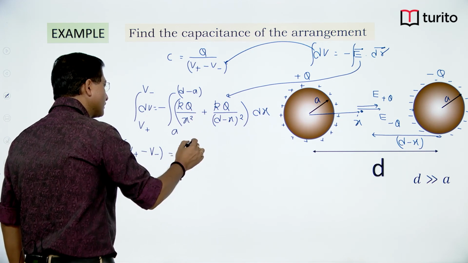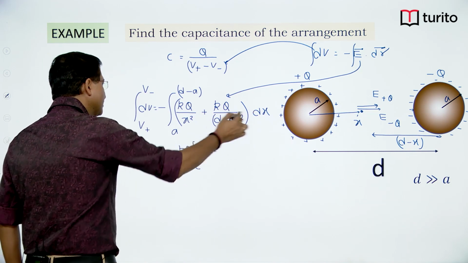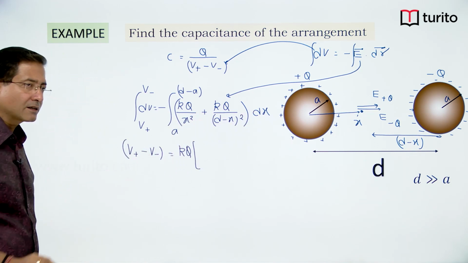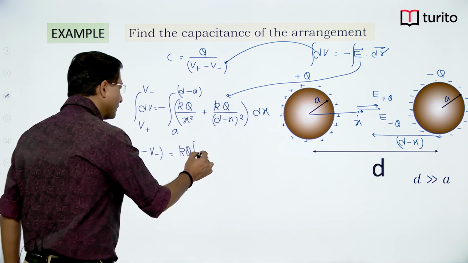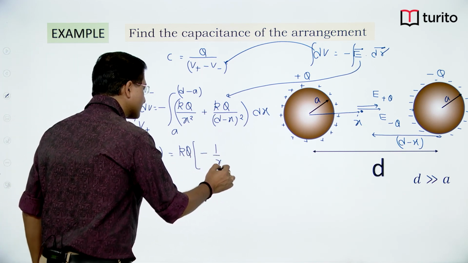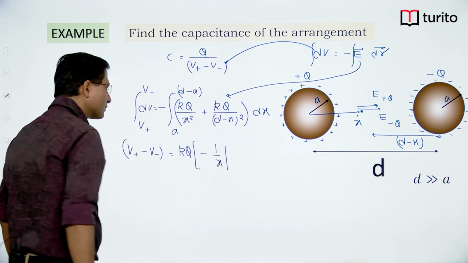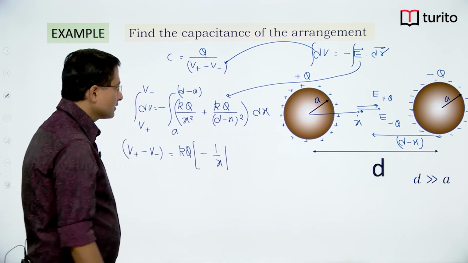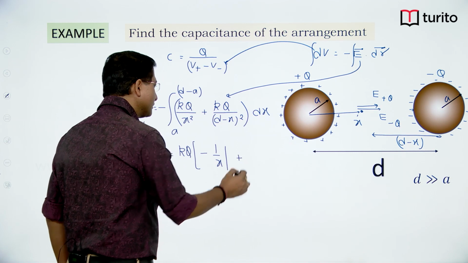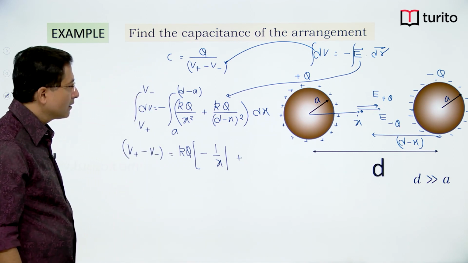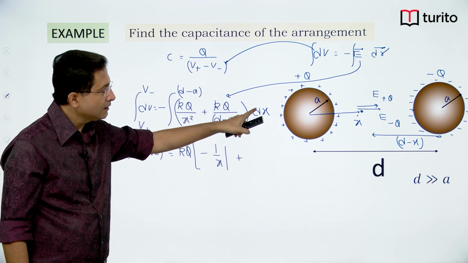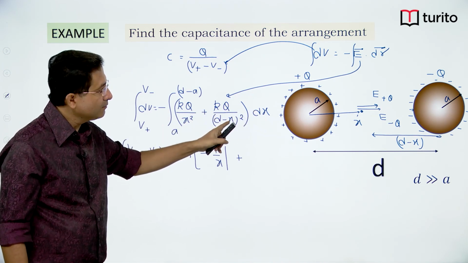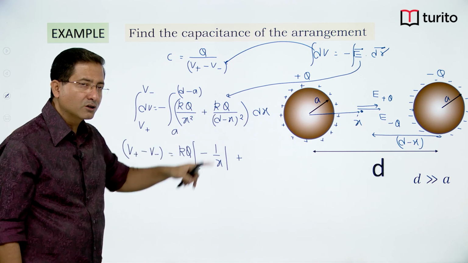So, kq out, and then integration of 1 upon x square, minus 1 upon x. So, here it will be minus 1 upon x, this first term. Then the next one will be, look at this term only, integration of 1 upon d minus x whole square.